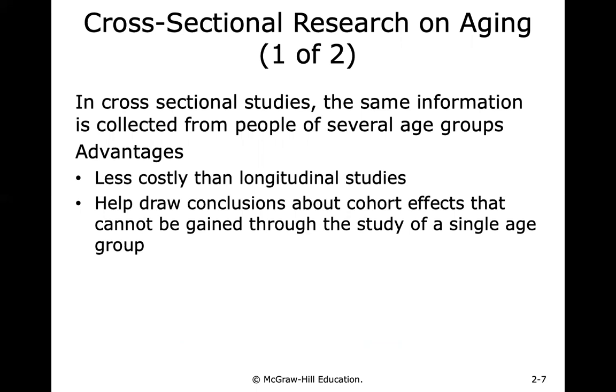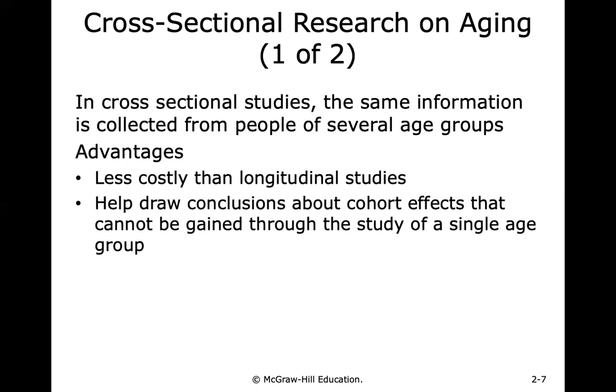We can also kind of draw some conclusions from that, where our cohort effects, we can say, okay, in the swing cohort versus the silent stoic cohort, we can gain information from the changes in attitudes up to the baby boomers, then up to the Gen Xers, than we would necessarily have if we just looked at the baby boomer generation.